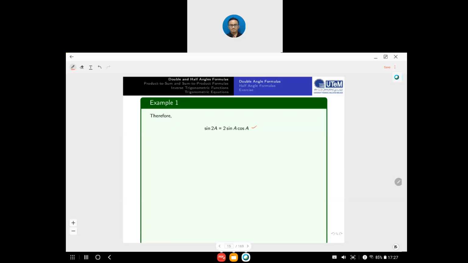So you just substitute, because we already know sin A and cos A. Masukkan je lah. So we get 2 times 3 over 5 times negative 4 over 5, whereby sin 2A equals negative 24 over 25.